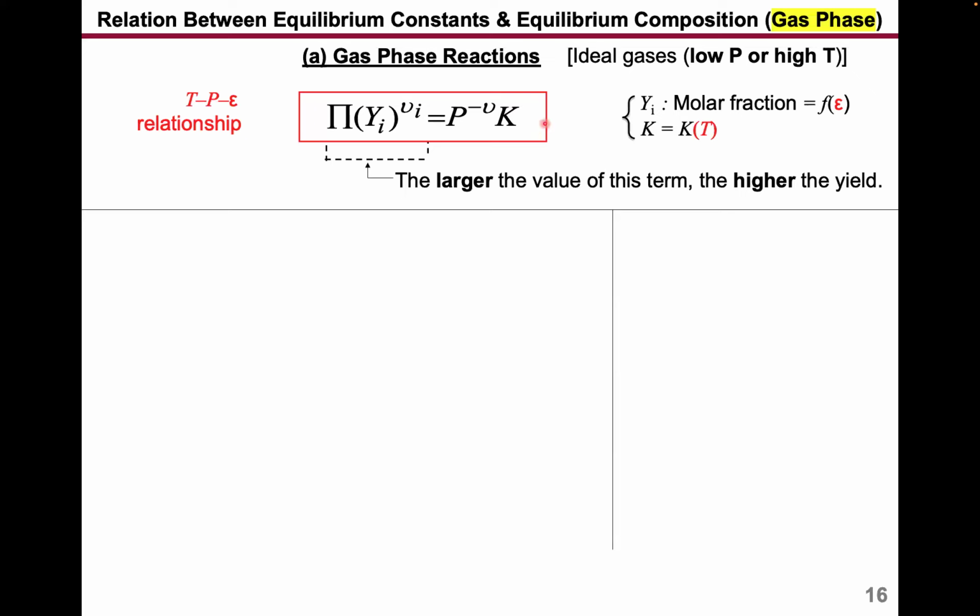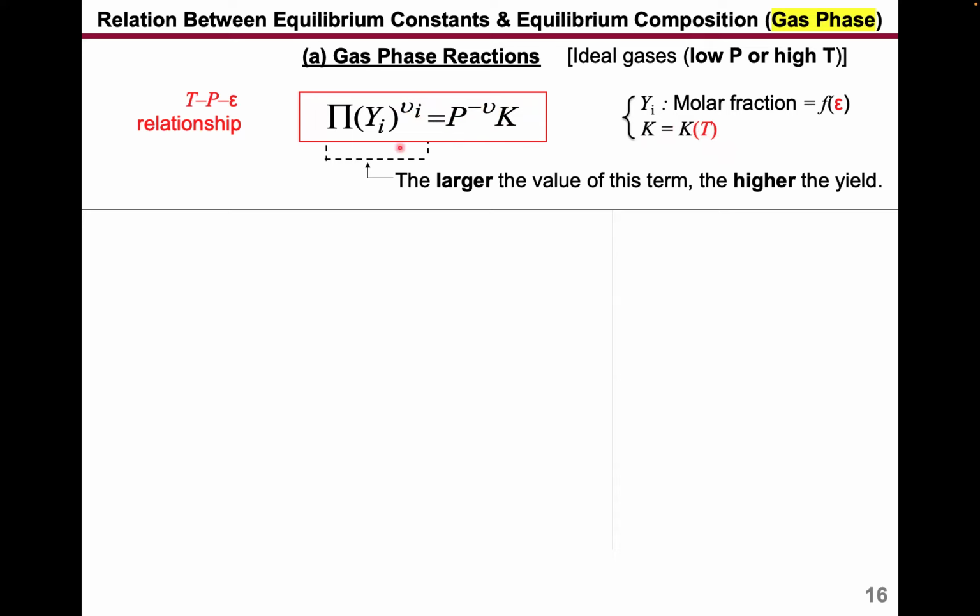K is a function of temperature, like we talked about in the previous slide, and the pressure is the system pressure. This v is the summation of v_i, where v_i is the stoichiometric coefficient, which you can look up when you have the specific reaction.